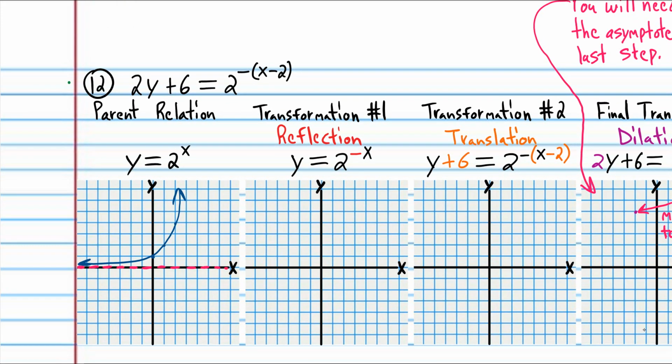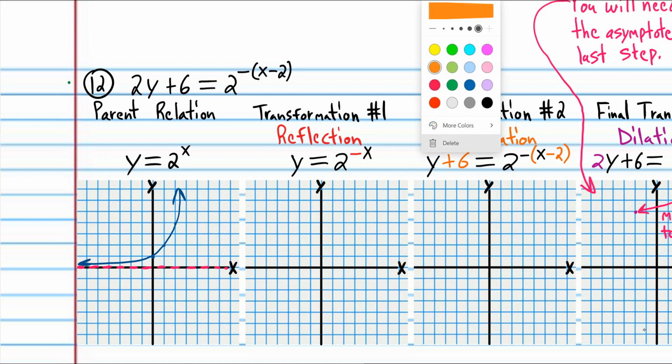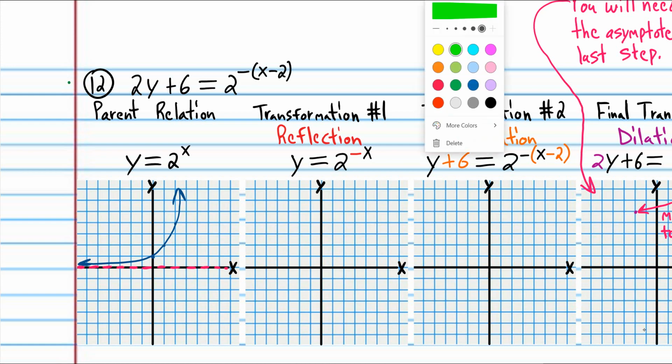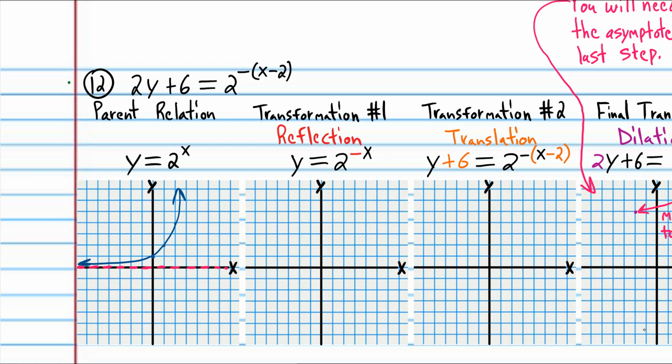Now we're going to replace x with negative x. And what that does is it takes all the points of the graph of the previous equation and reflects them across the y-axis. That's not going to change the position of the asymptote, so I'm just going to redraw that asymptote.